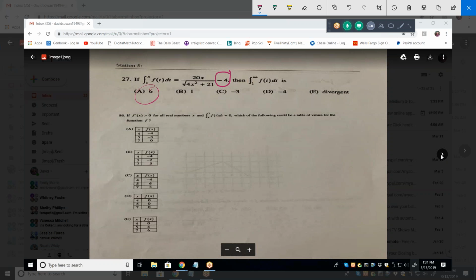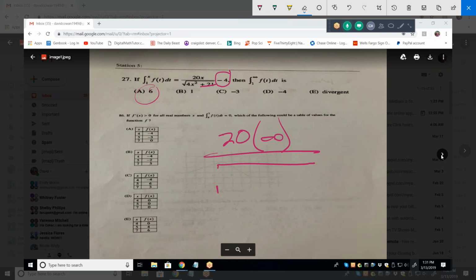Here's my rationale. If the integral of 1 to x of f of t equals this, what's the integral from 1 to infinity? Well, I'm just going to plug in infinity for x. Now, in the bottom, I can throw away that 21. That's immaterial. What's the square root of 4x squared? 2x.